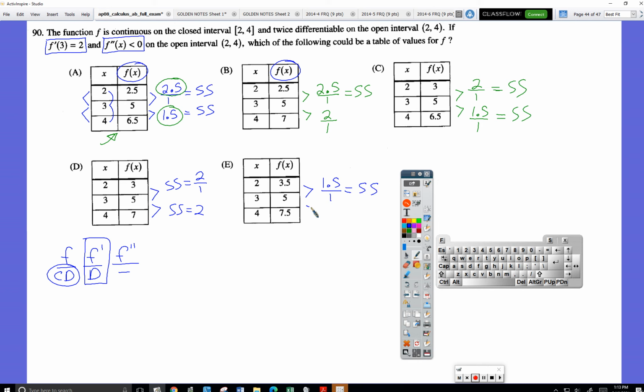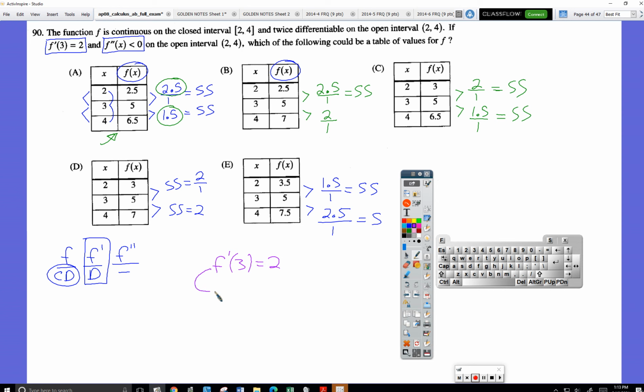So another clue that it gives you is f prime of 3 equals 2. So you know that the slope of the curve at f of 3 is going to equal 2. Let me say it slightly differently.